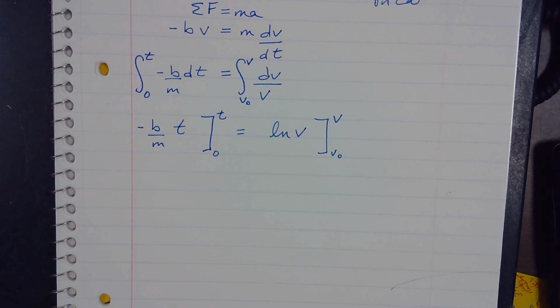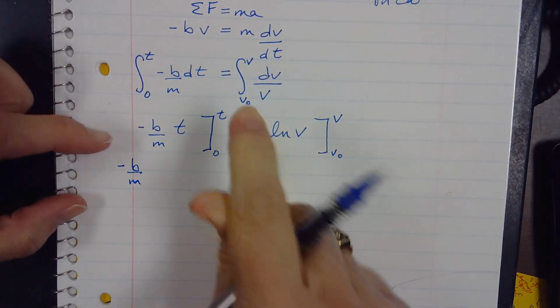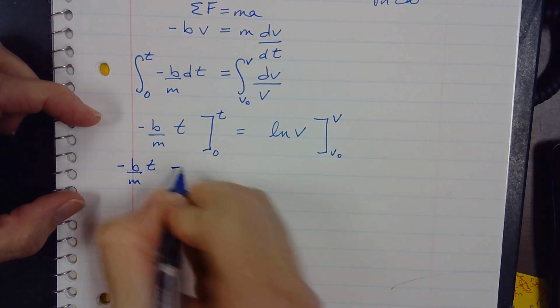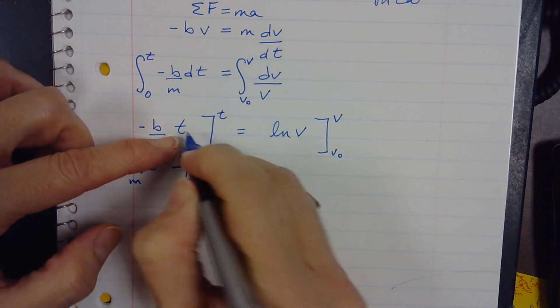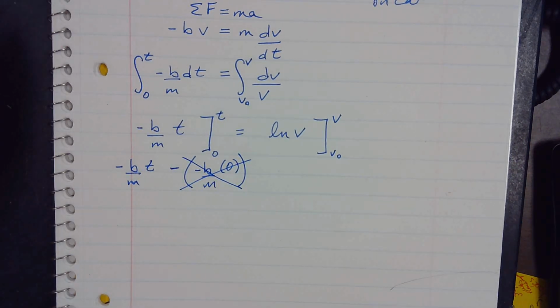So, natural log. Now we substitute in. Some of this may seem a little trivial, but we do b over m. So I need to substitute in t for t, which is silly, minus negative b over m times 0 for t. So this whole term goes away.